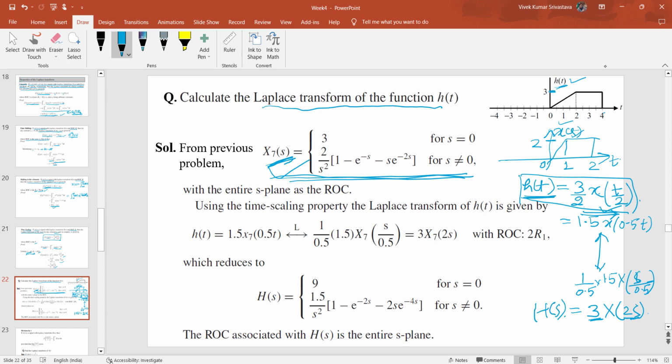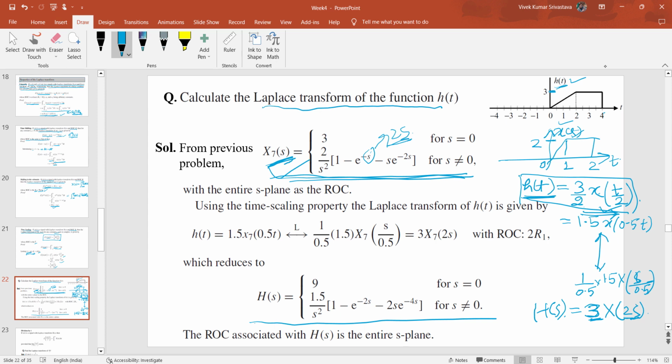That is what I am doing here, I am just multiplying the amplitude by 3, and replacing the parameter s here as 2s. Once you replace the parameter and multiply the amplitude by factor 3, the final Laplace transform of this signal is given as this.